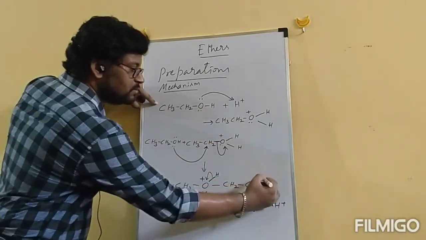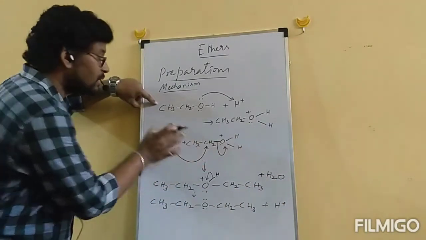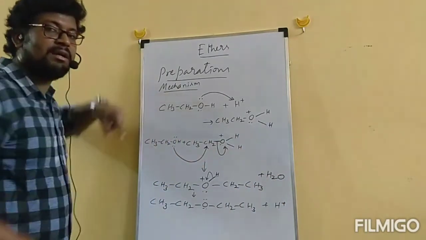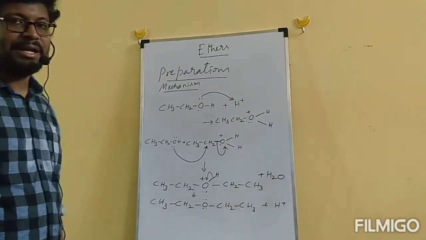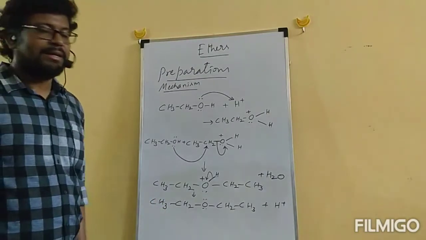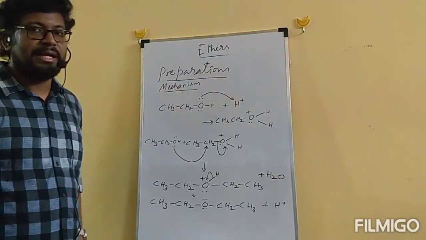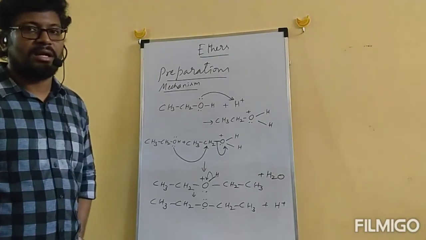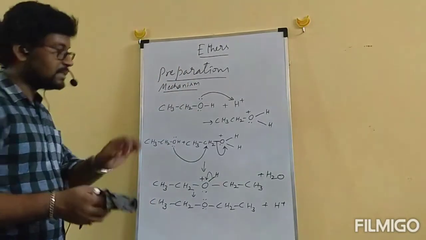Here water molecule is removed, plus H2O. Dehydration is happened between the molecules. This is called intermolecular dehydration, and finally we got this ether. Okay, this is about first preparation, that is intermolecular dehydration of alcohols. Next, we will go through next preparation, that is called Williamson synthesis.